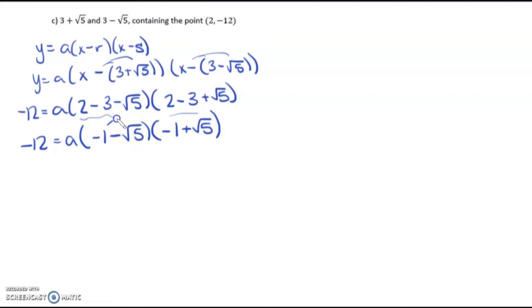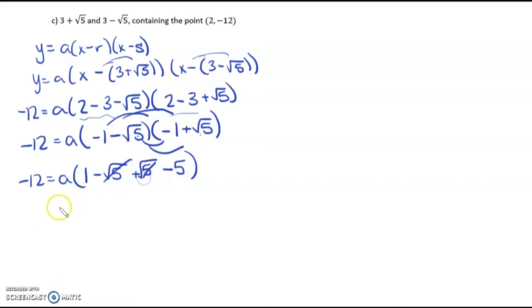Okay, I'm going to go ahead and expand this. So I get negative 12 equals a times... what's negative 1 times negative 1? 1. And then we have minus root 5, and then we have plus root 5. And then we have minus, so if we do root 5 times root 5, we're going to get 5.